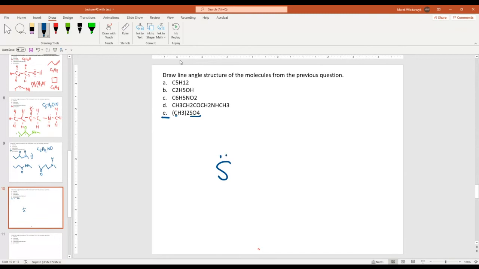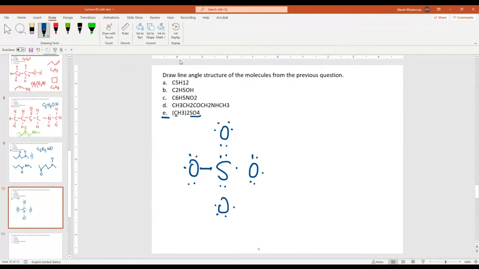So again you have a sulfur with 6 electrons, and then 4 oxygens around, each with 6 electrons again, same group here. That will be your first step.